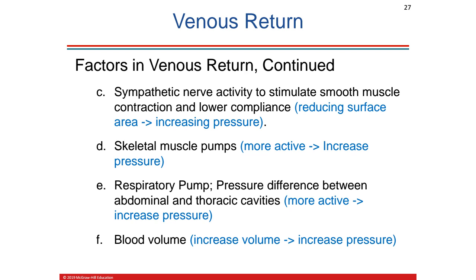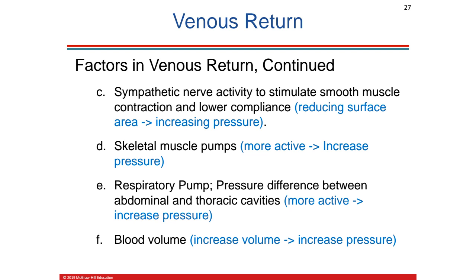At the same time, as the diaphragm contracts and moves downward, there's an increase in the volume of the thoracic cavity, and therefore a decrease in pressure there. The inferior vena cava has valves, just like the other major veins, and therefore blood moves via this pressure difference upwards towards the heart. Again, the more active you are, there's an increase in pressure as you push this blood back towards the heart. So this does help.